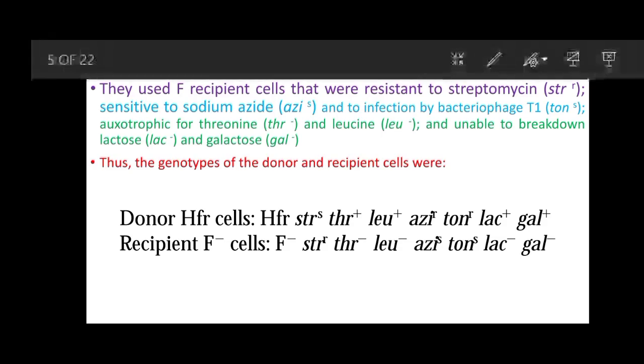Auxotrophic means that they cannot synthesize threonine and leucine, and they were unable to break down lactose and galactose.